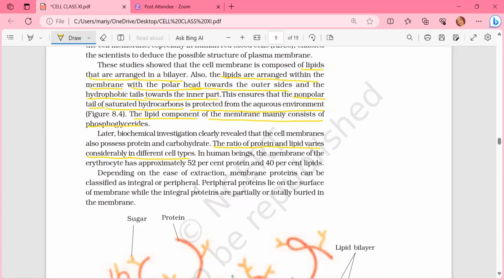In human beings, the membrane of the erythrocyte, which is the red blood cell, approximately has 52% protein and 40% lipids.